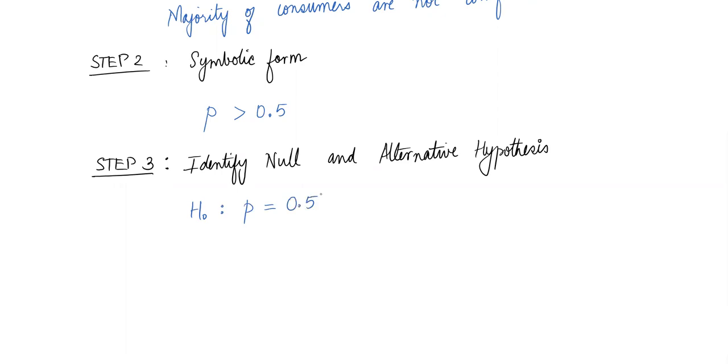It always comes from your claim. Let's make sure that this always has the equals. And the other one, H1, the alternative hypothesis, will be this claim, because it has to contain the inequality symbol. I ask you to immediately identify whether the claim sits in H0 or in H1.